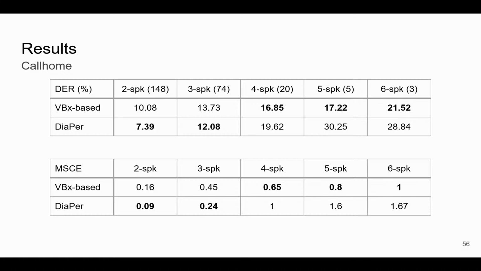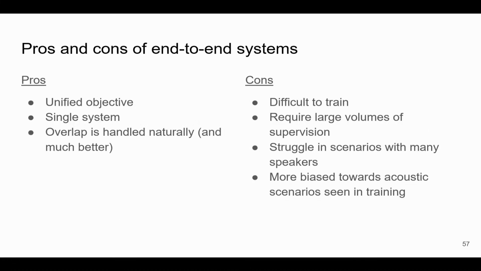So each one of them has pros and cons. We commented on the ones for modular systems. With end-to-end models you now have a unified objective, so you train for diarization. It's also a single system, which is convenient, you don't need to run all these different steps. And the overlap is handled naturally and with focus on it, so it's not just a post-processing.